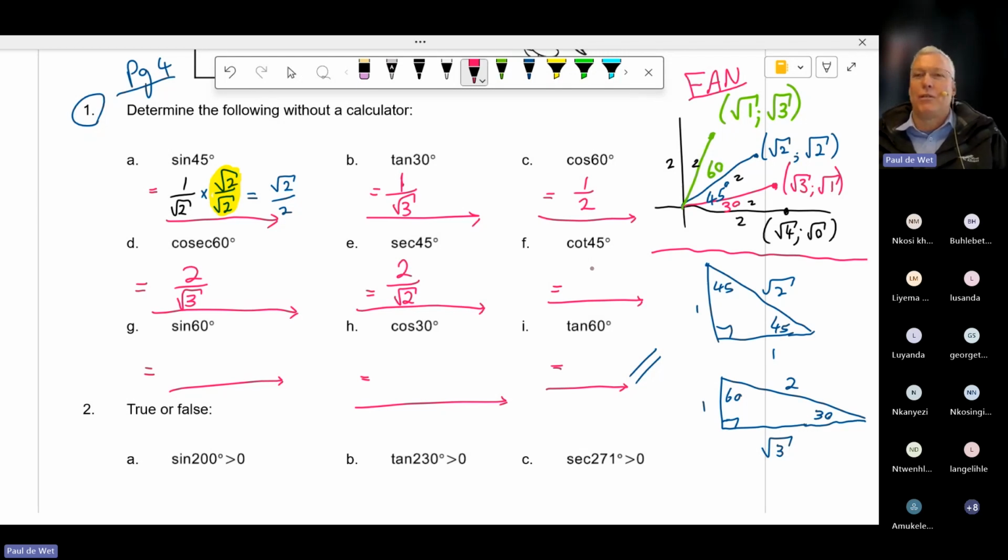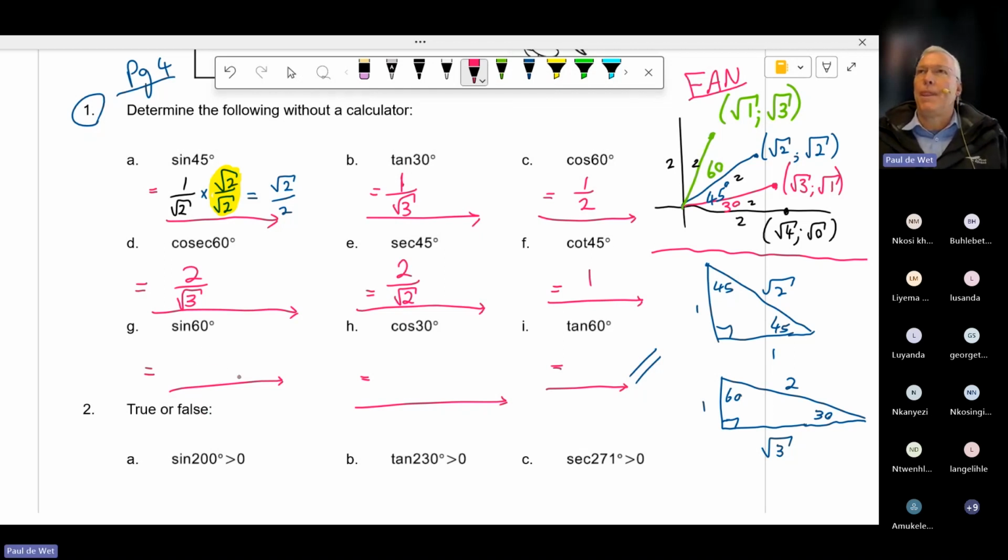No, cot of 45 is not 1 over root 3. Sorry. Next, yes, at the back here. 1 over 1. Okay, cot of 45, if you're using the triangles, cot is going to be your adjacent over your opposite. Normally it's going to be your x over your y. You get 1.